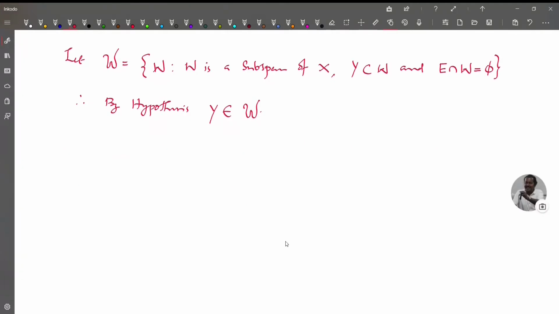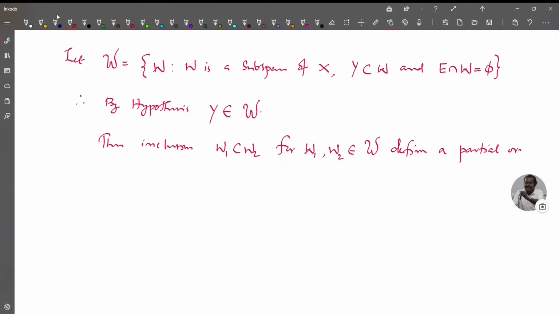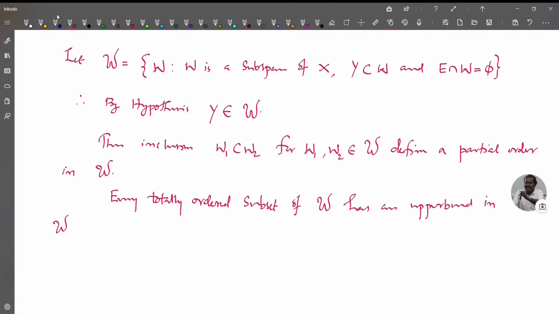The inclusion W1 contained in W2, for W1, W2 in the family W, defines a partial order in the family W. Every totally ordered subset of W has an upper bound in W, namely its union.